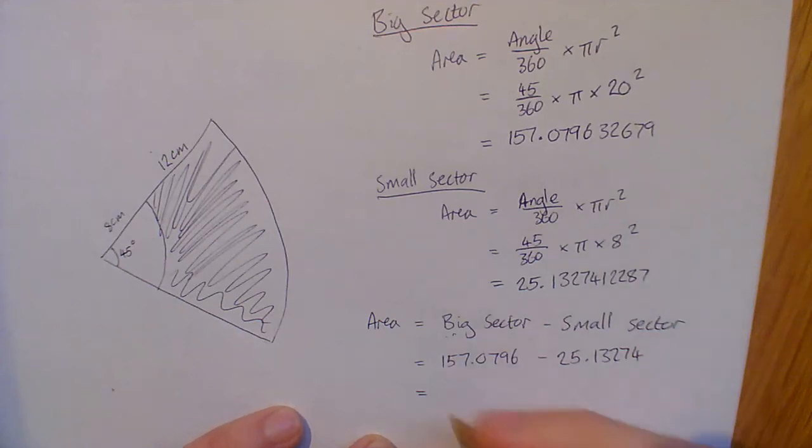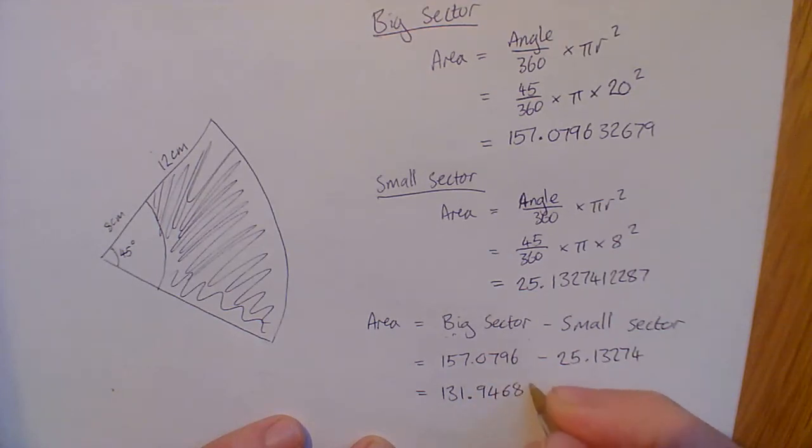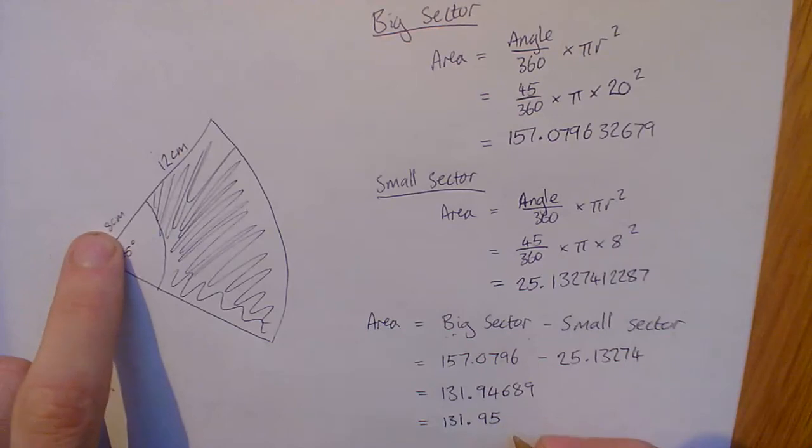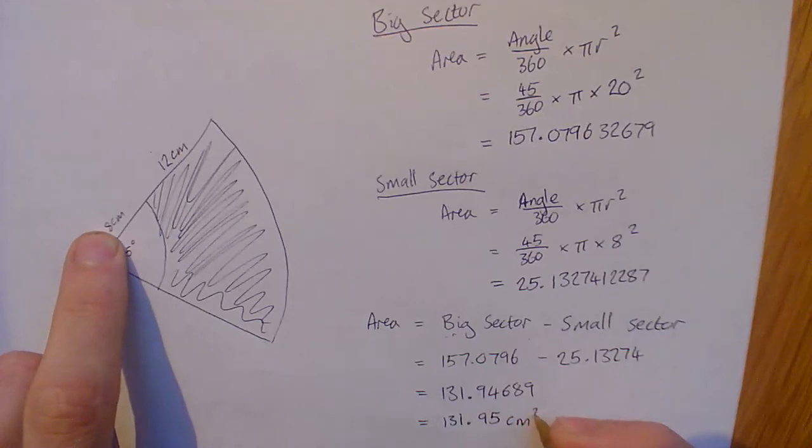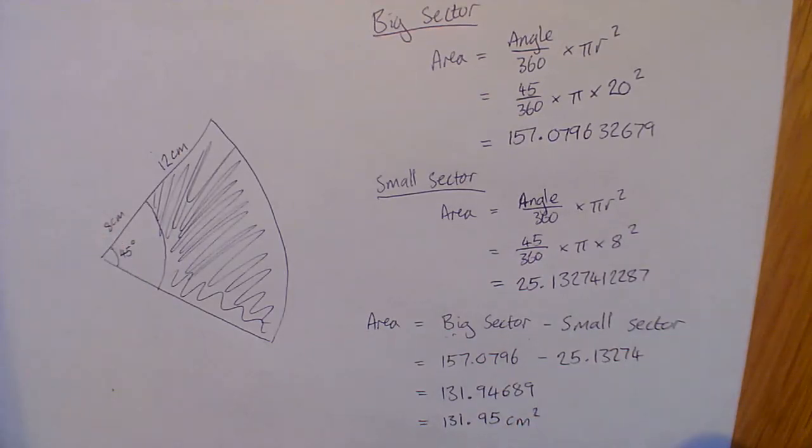And putting that in gives us 131.94689. Now we can round our answer, 131.95. Everything over here is in centimeters, so it's an area in centimeters squared.